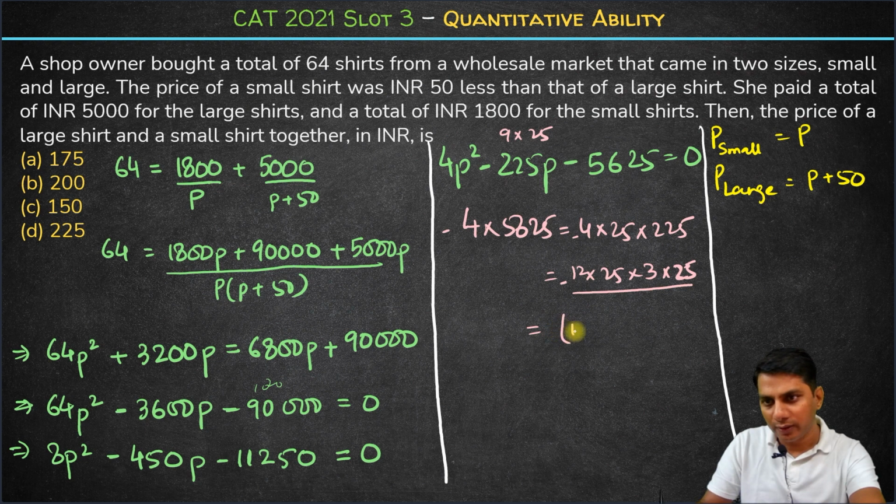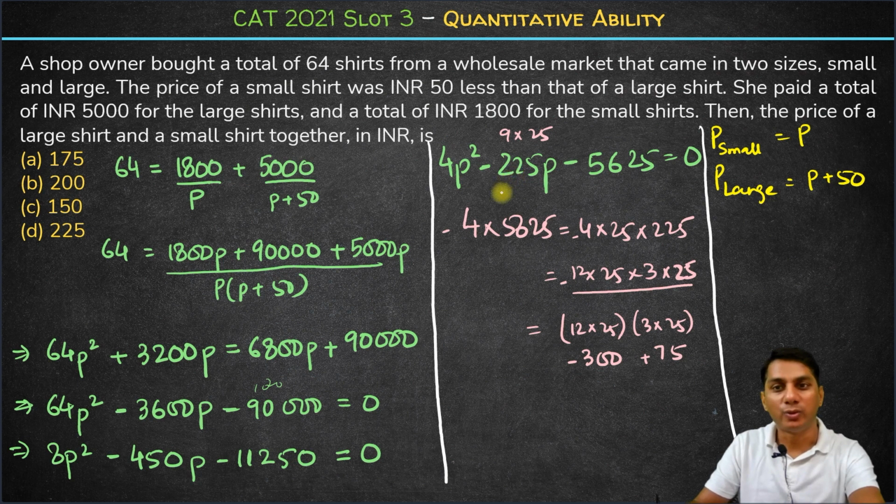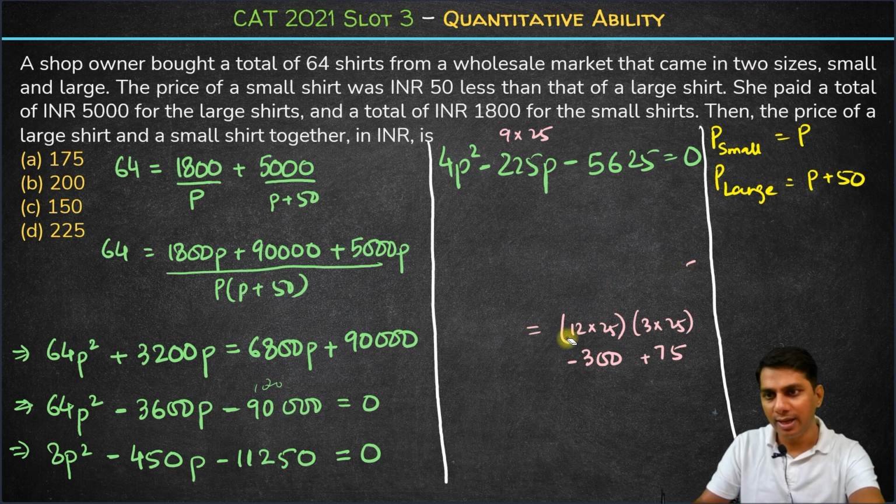So we'll get 12 into 25 and then you have a 3 into 25. So this is 75 and 12 into 25 is 300 effectively. So now plus 75 and minus 300 gives us a product of 4 into 5625 and the sum is minus 225. Okay, so the two numbers that we can split the middle term into are minus 300 and plus 75.